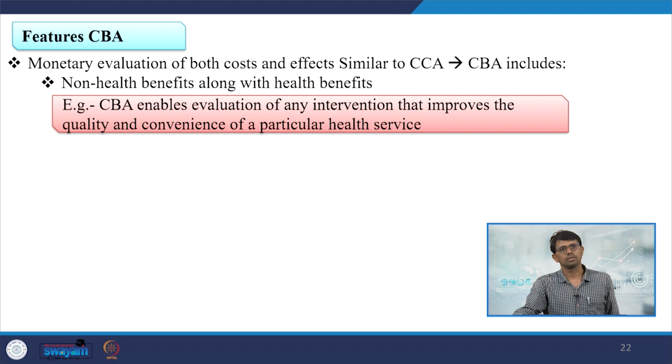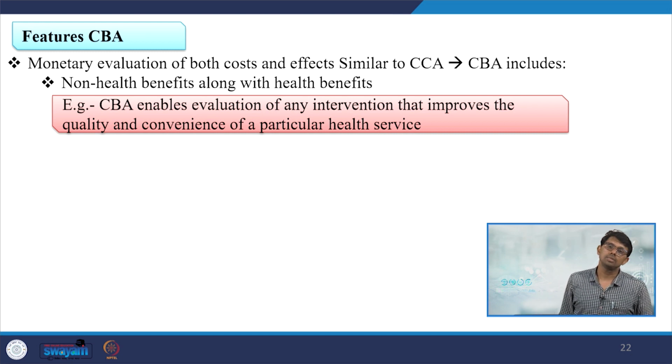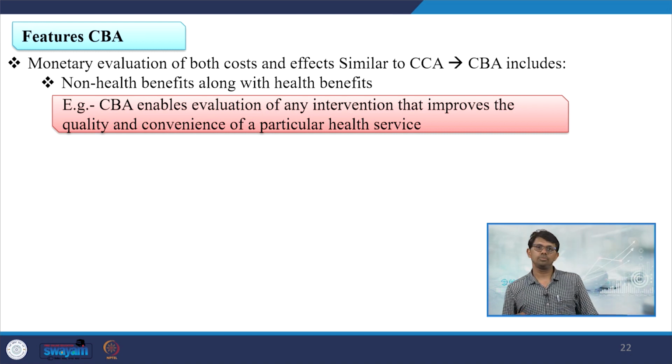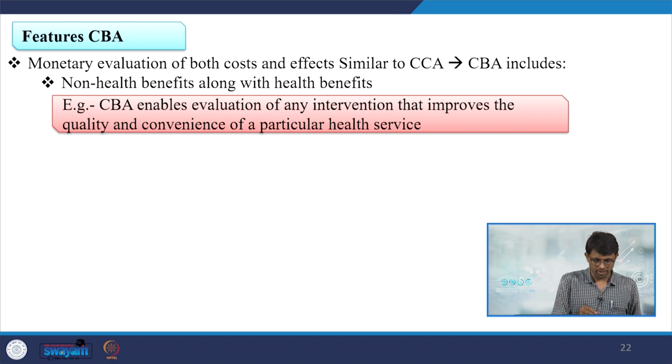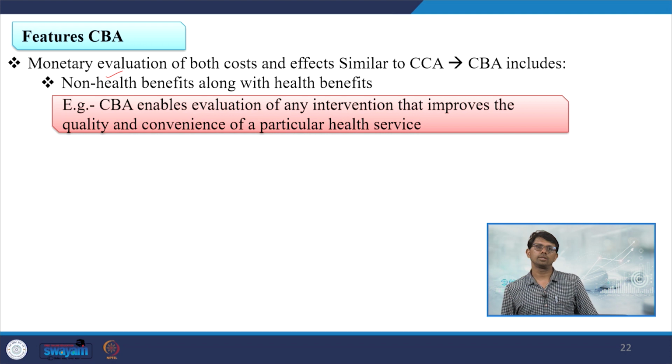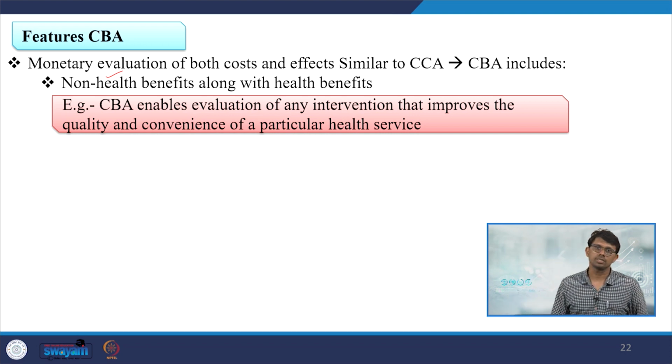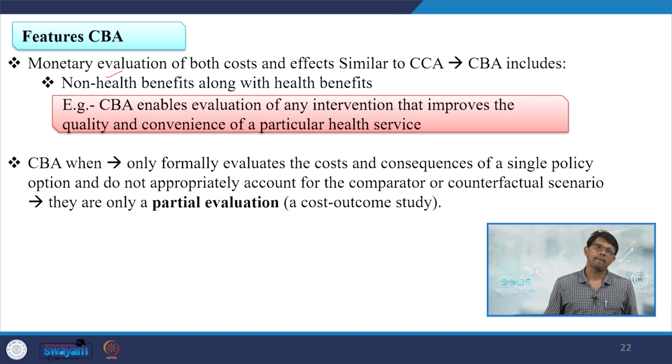So, the features of CBA: as I already said, the monetary evaluation of both cost and effects, similar to CCA. CBA includes non-health benefits as well along with health benefits. CBA enables evaluation of any interventions, health projects or studies that improve the quality and convenience of a particular health service.